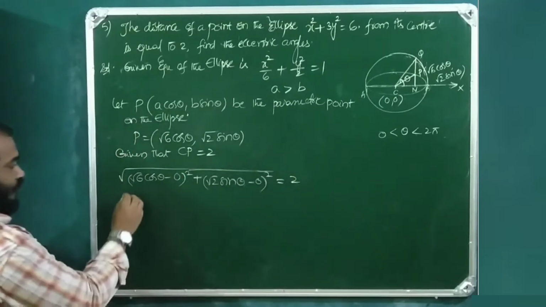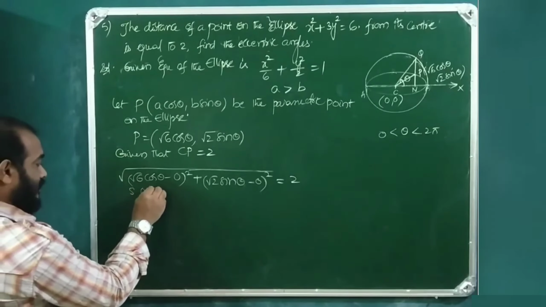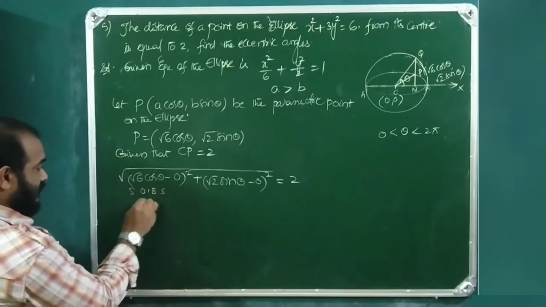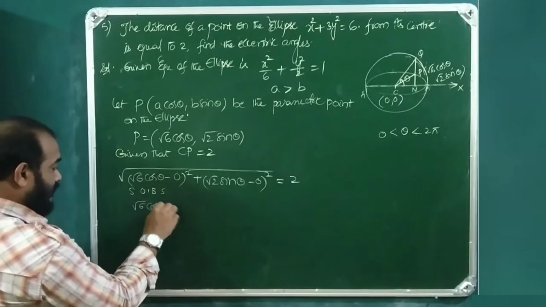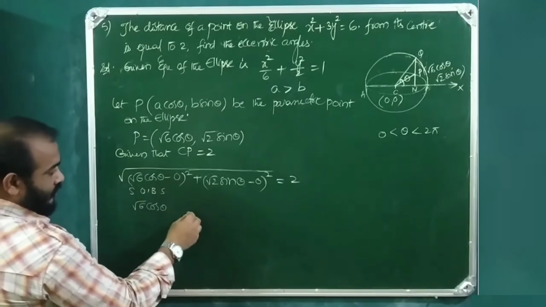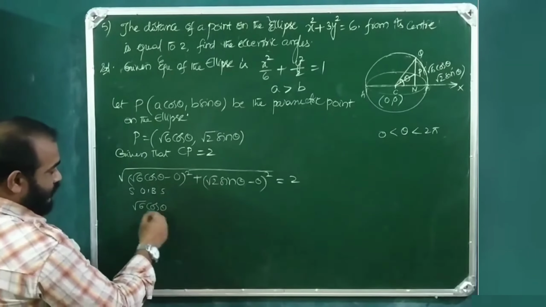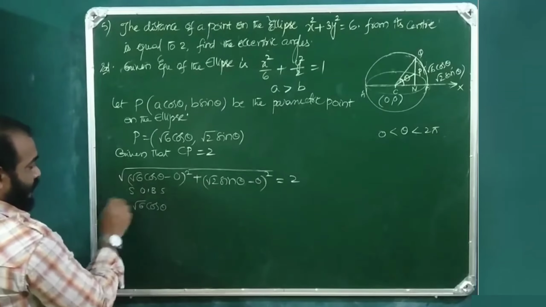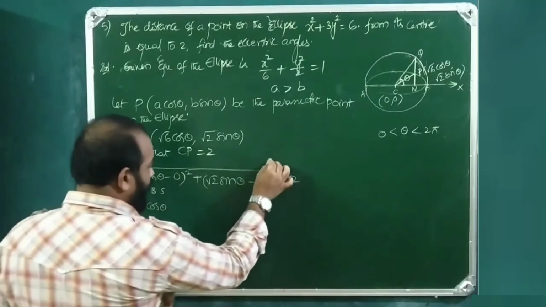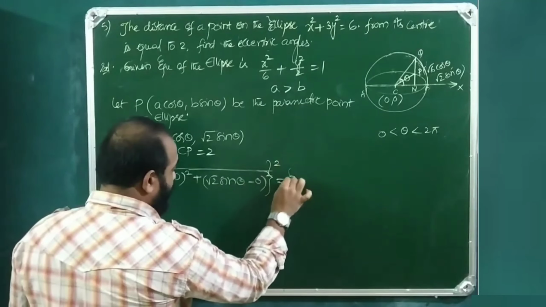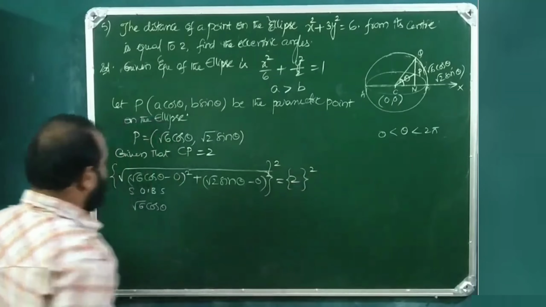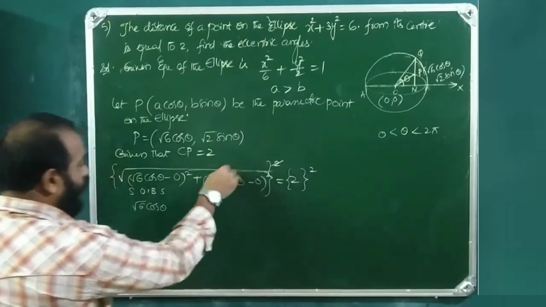So squaring on both sides, the square and root get cancelled.